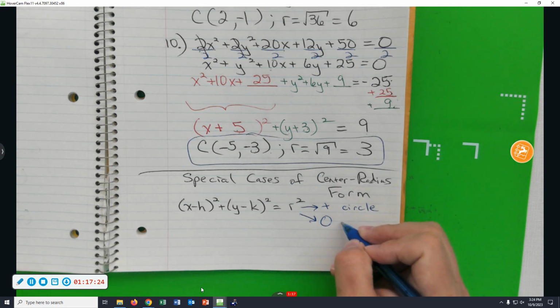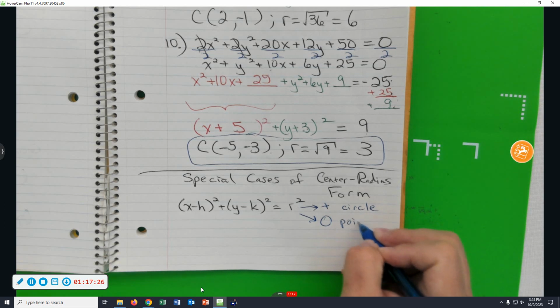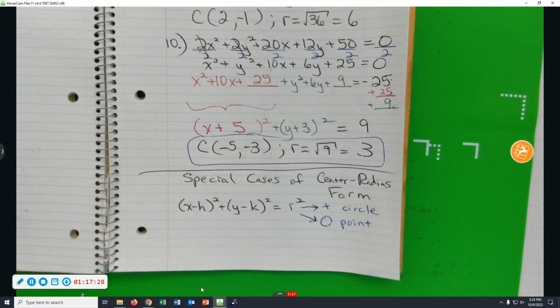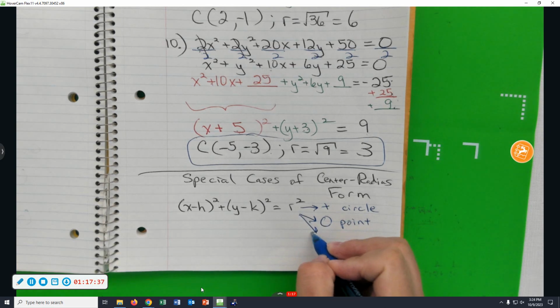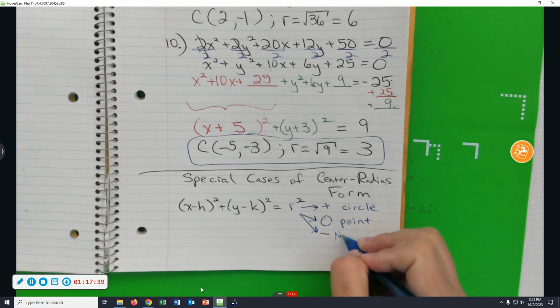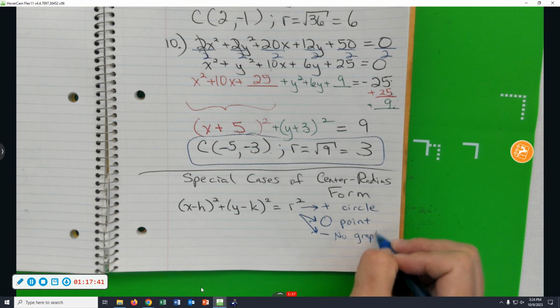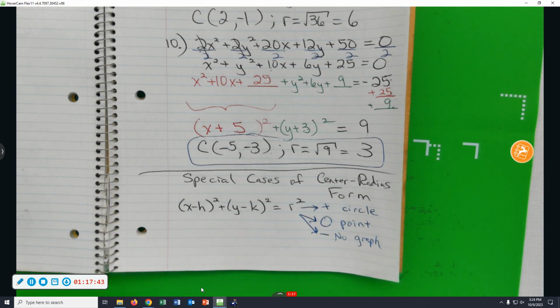So if it's 0, I think all they want is just a point. If that thing turns out to be negative, you're taking the square root of a negative number. If the right-hand side turns out to be negative, there is no graph. I guess it's just an imaginary graph you can imagine up in your head somewhere on some other plane of existence.